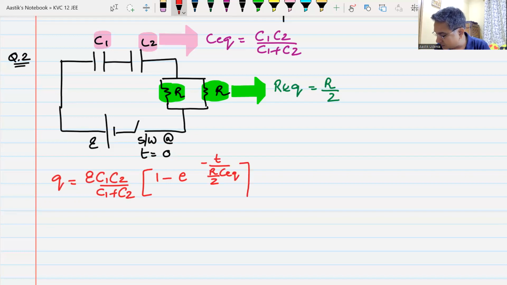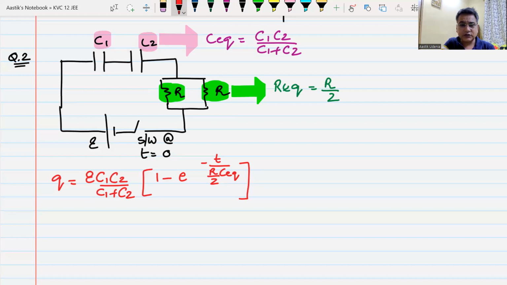I don't have the space, so I will not write it here. C equivalent is equal to C1 C2 upon C1 plus C2. That is the answer for charge on the capacitor as a function of time. Once you get the value of charge, you should be good enough to find out the value of V1, V2. I'm not going to that. I'll give you 2 minutes to note down this answer.